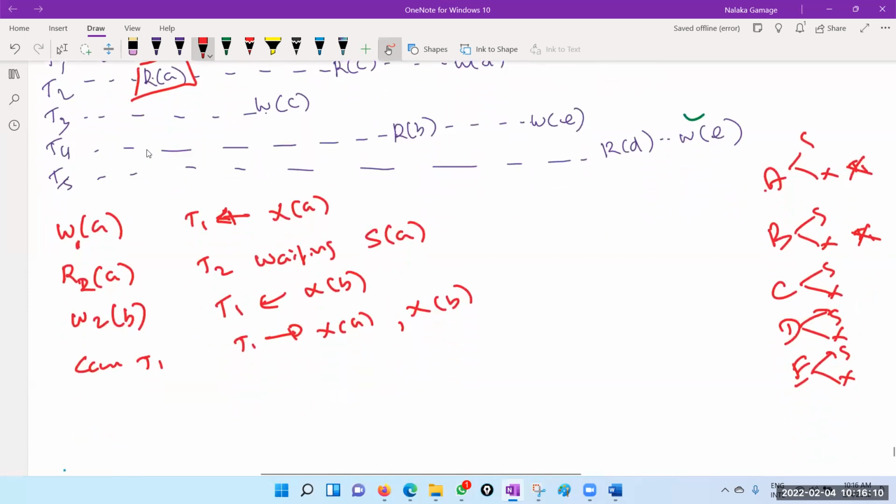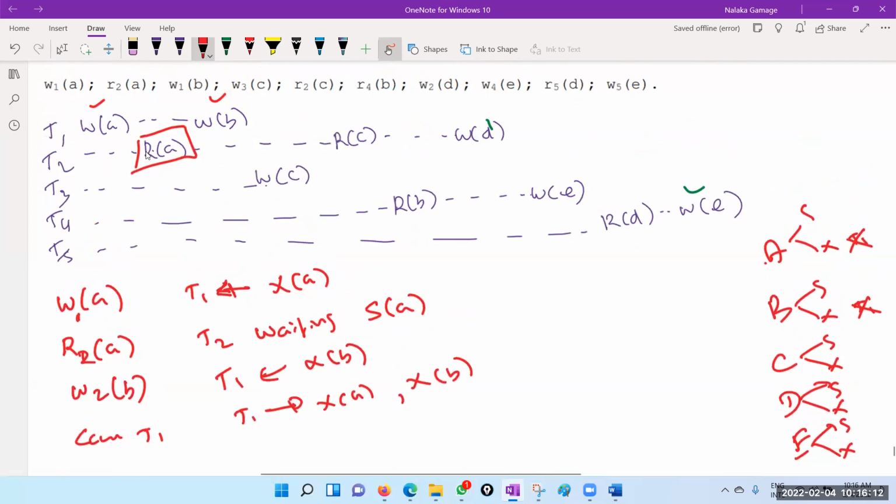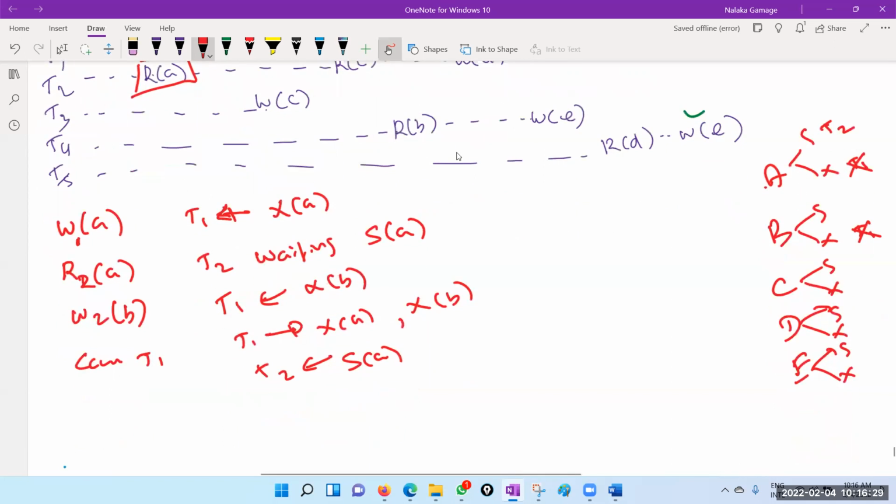So at the commit, another thing happened: transaction 2 will get the shared A. Now shared A is with transaction 2, and we can proceed.